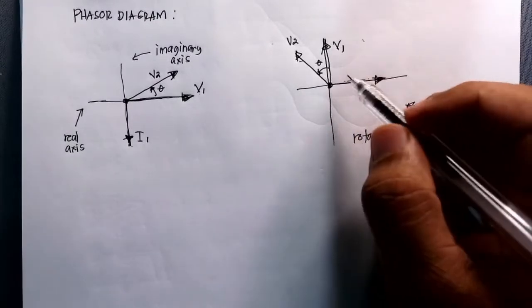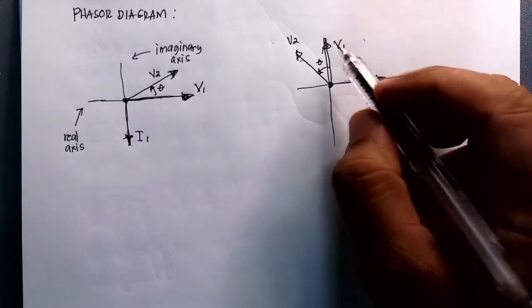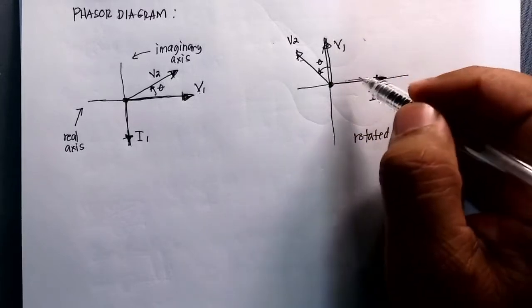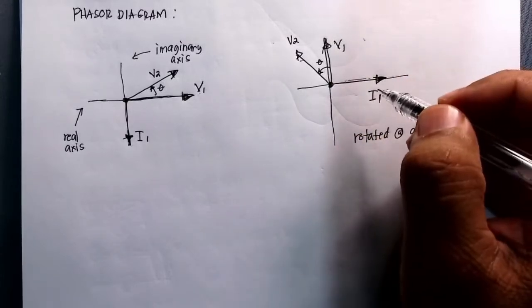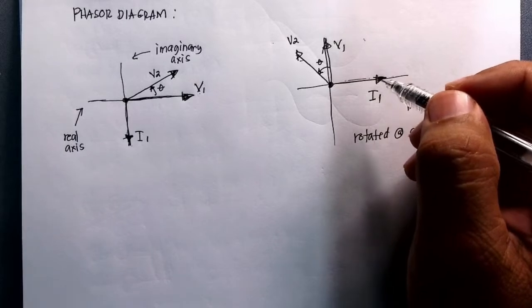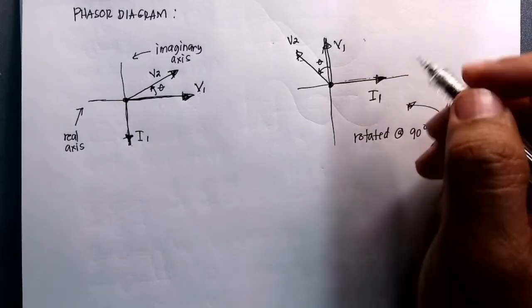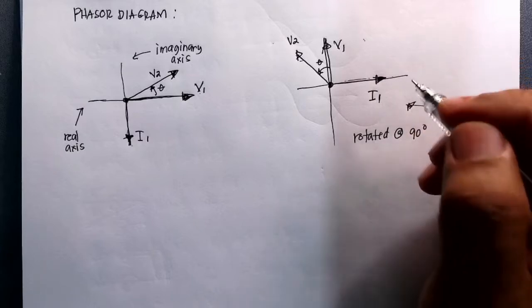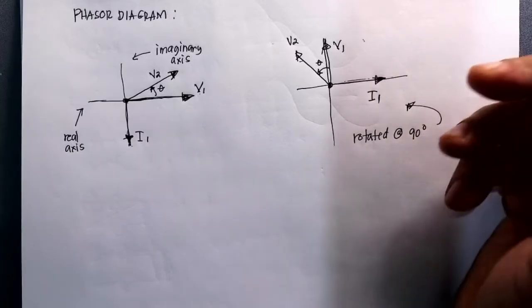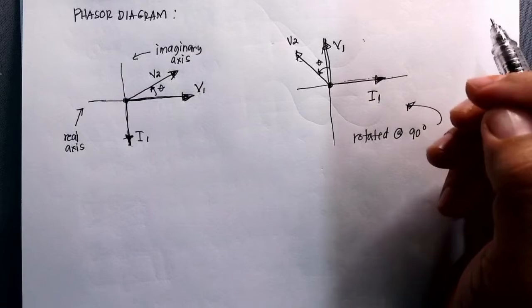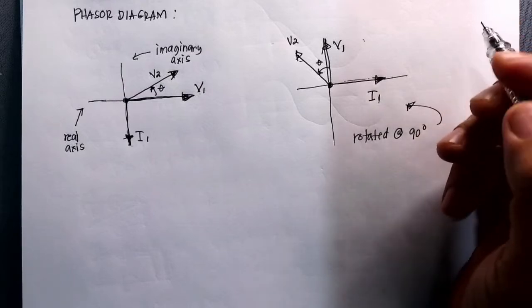So we can facilitate solving problems by using a phasor diagram. We will just use trigonometric functions and formulas to solve for the parameter that we are looking for.